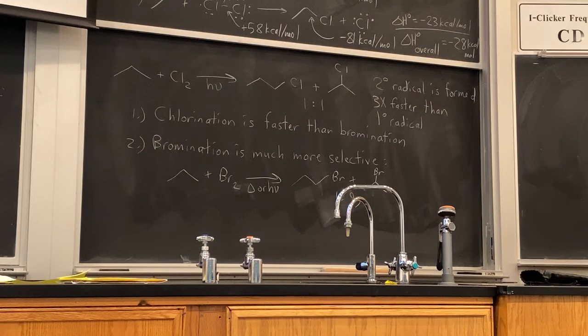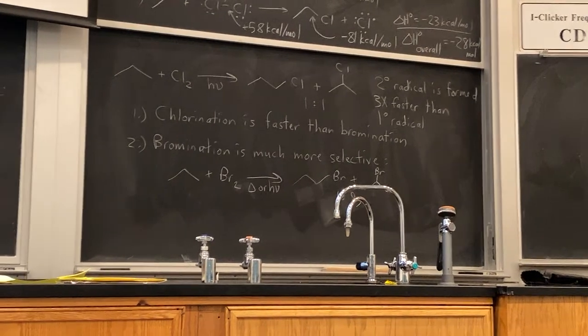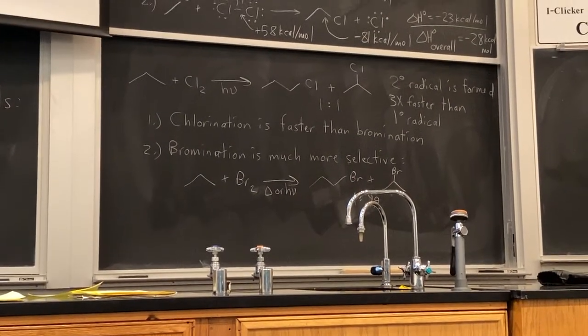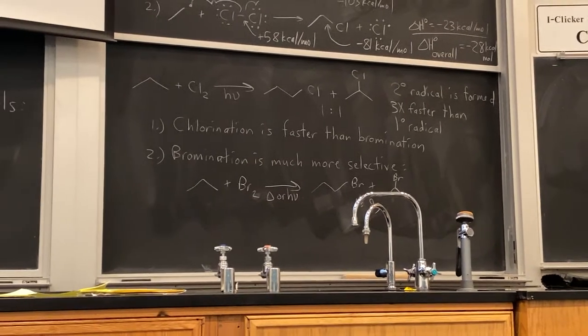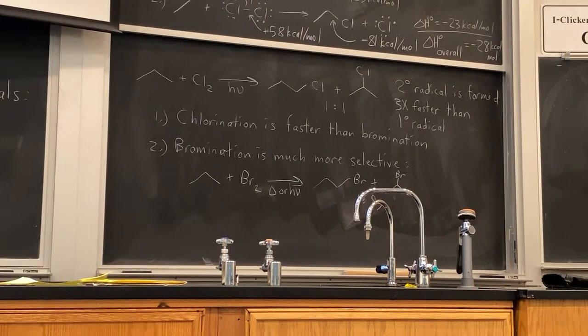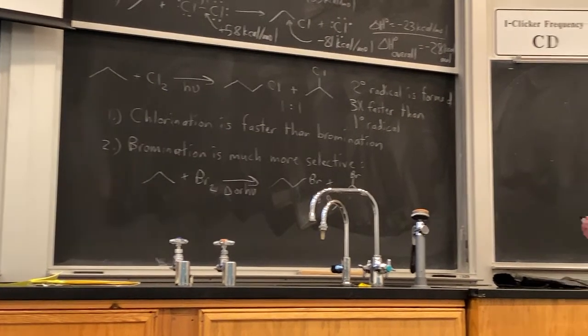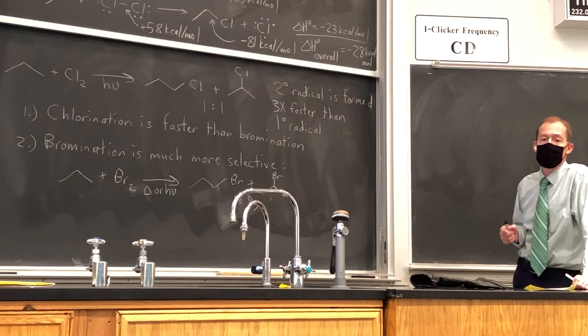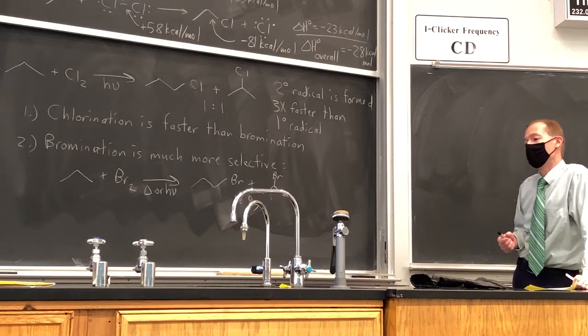Okay? So let's back up a minute before we go through this. One other thing I should say about chlorination is that since chlorination gives you all possible products, and usually you only want one product from a reaction, chlorination will be most useful when there's only one type of hydrogen in your molecule.